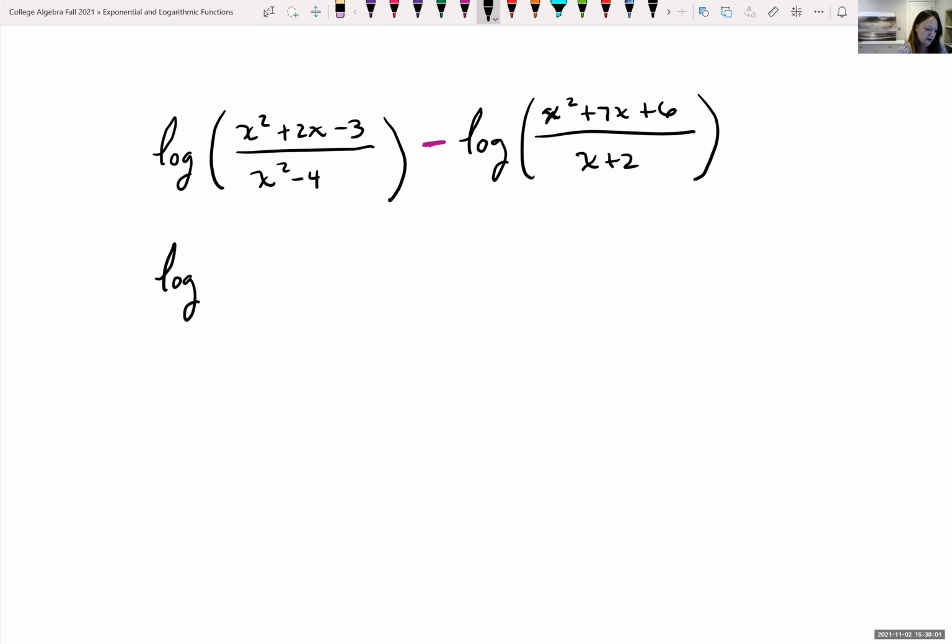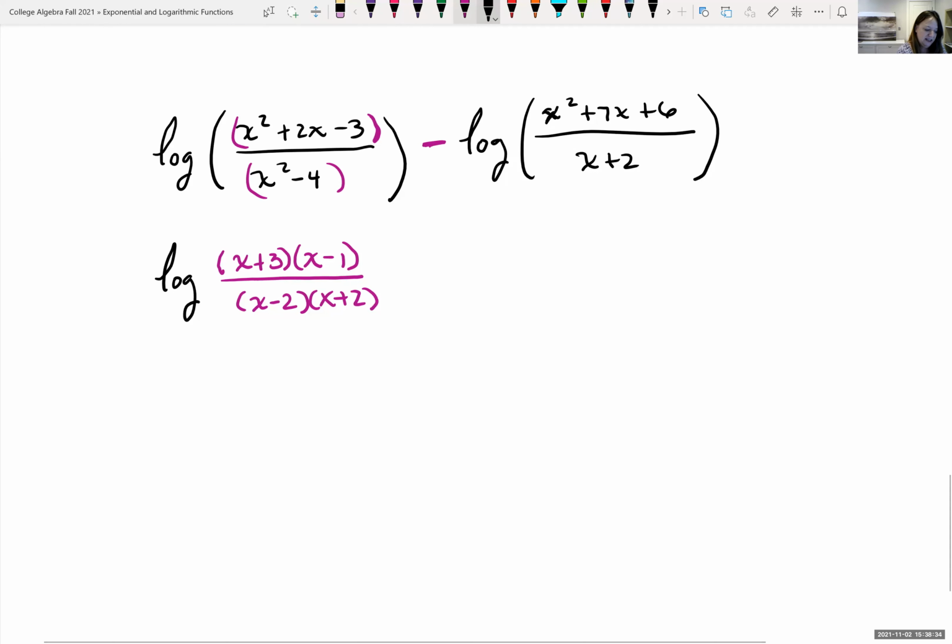And so if we look at our numerator here, x squared plus 2x minus 3, we can factor this. So let's do this while we're rewriting it. So this factors as x plus 3 all times x minus 1, divided by, and my denominator here is a difference of squares, so x minus 2, x plus 2, minus, but minus tells us to divide.